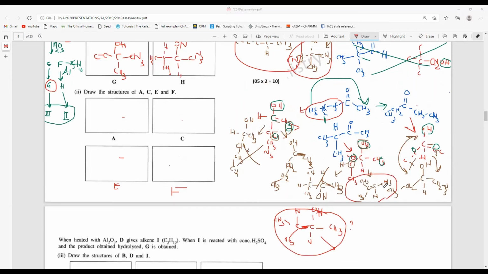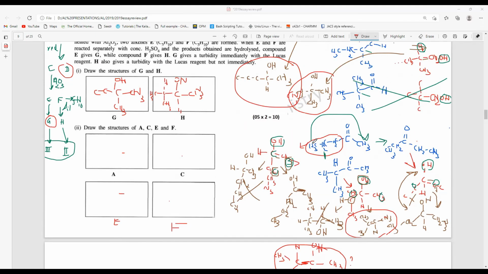Think about that a little bit. Which one would get the same structure when you dehydrate it and then rehydrate it? That's a very simple question that I ask.